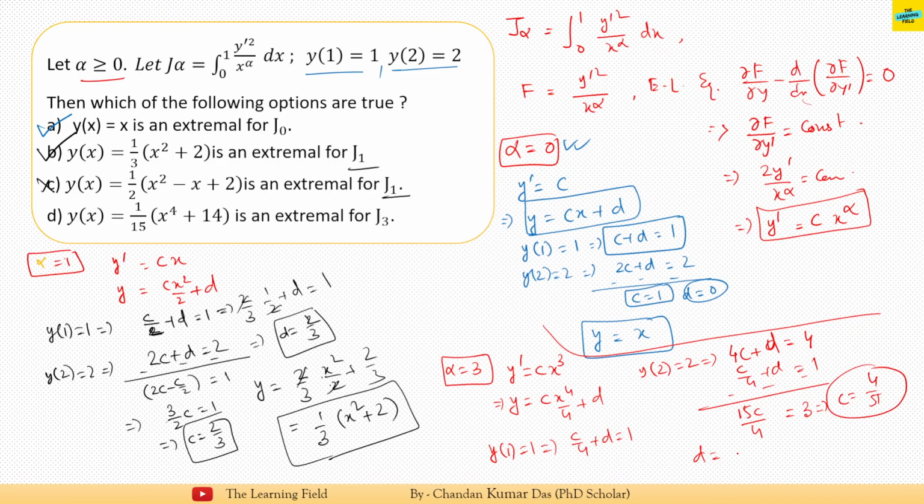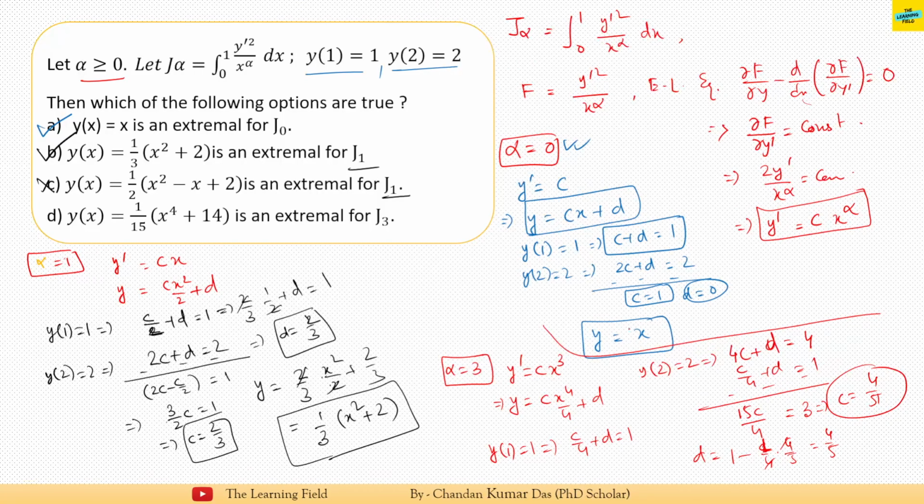And d equal to 1 minus c by 4 into 4 by 5, 1 by 4 into 4, 4 cancel, 1 minus 1 by 5 means 4 by 5. d is also 4 by 5.